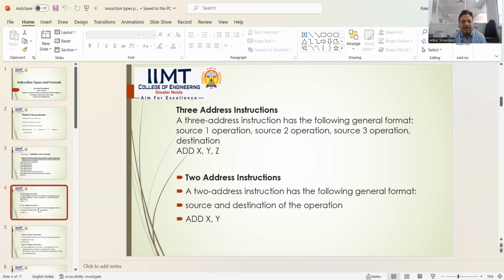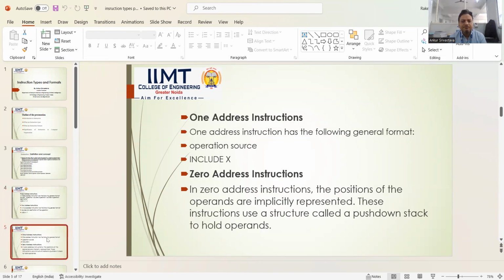The operation is add X and Y. So we have only two source operands: source 1 is X and source 2 is Y. In a similar way as the 3 address instruction, we can do the 2 address instruction, but the difference is that we use only two source registers here, whereas in the 3 address instruction we were using three registers.